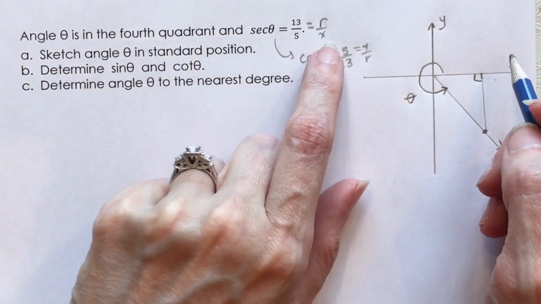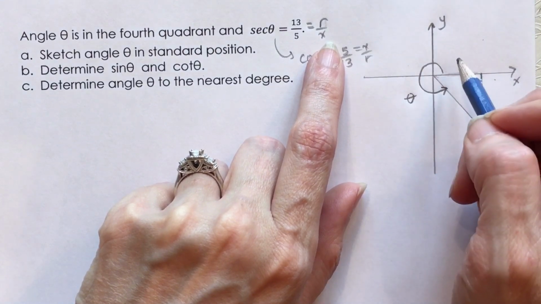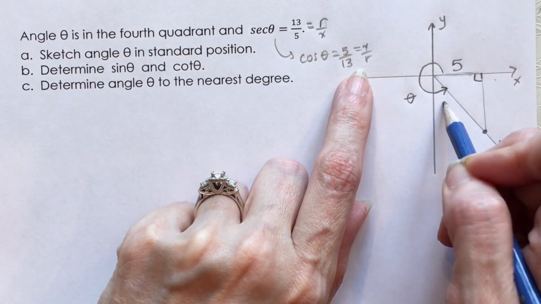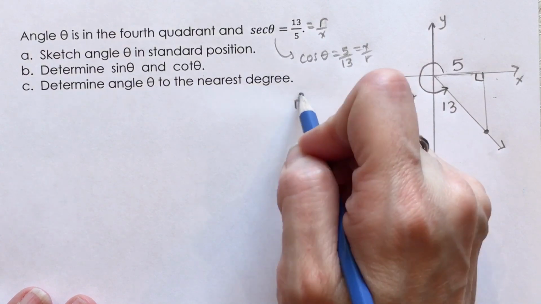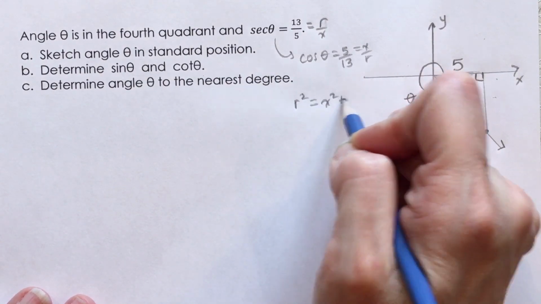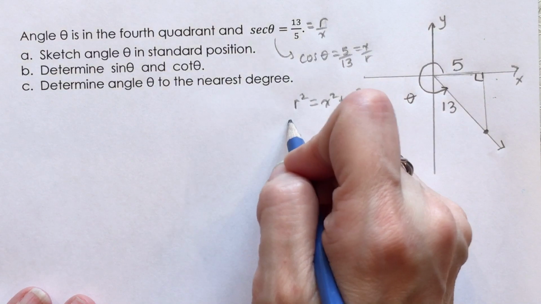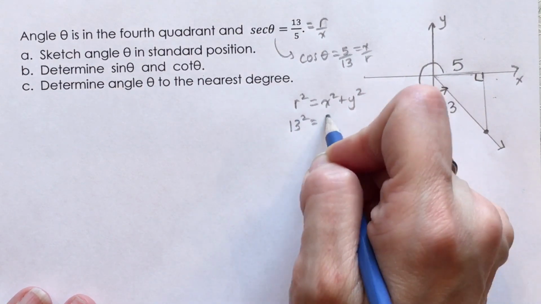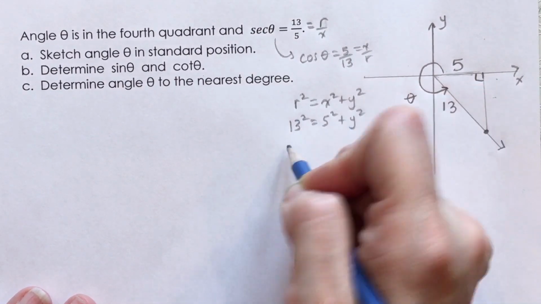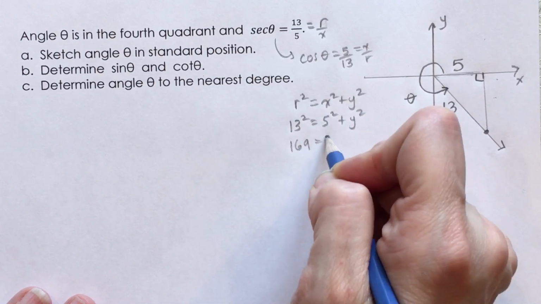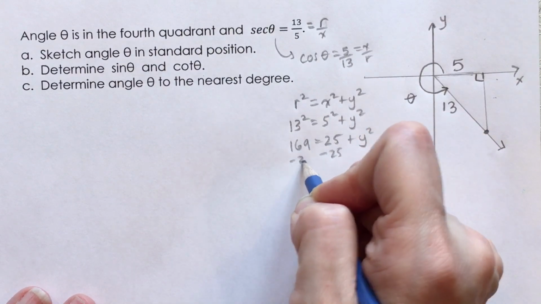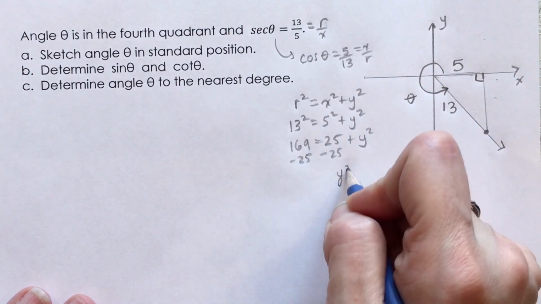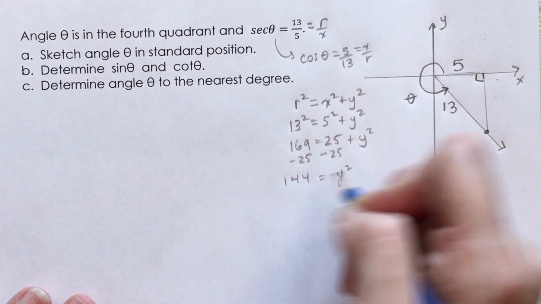And so we know that the x side is 5 and the r side is 13, but we don't know the y side. So we will use our Pythagorean relationship to figure that out. So we know r is 13, so 13 squared equals 5 squared plus y squared. So we get that y squared equals 144.